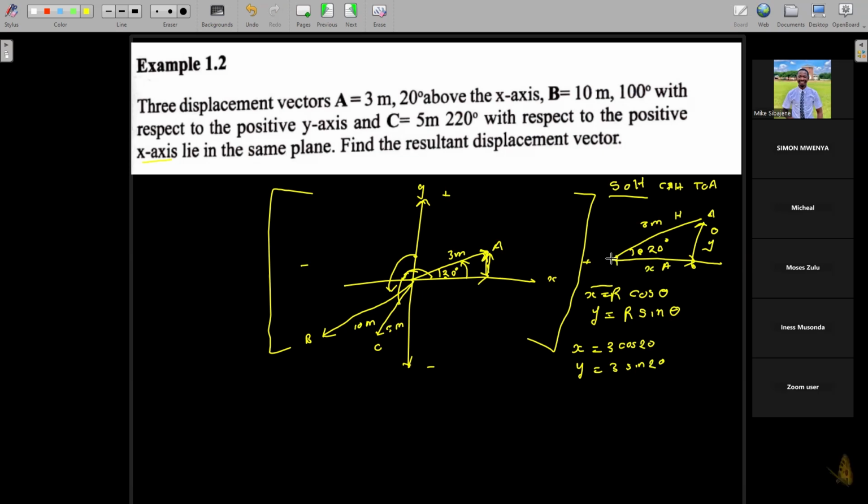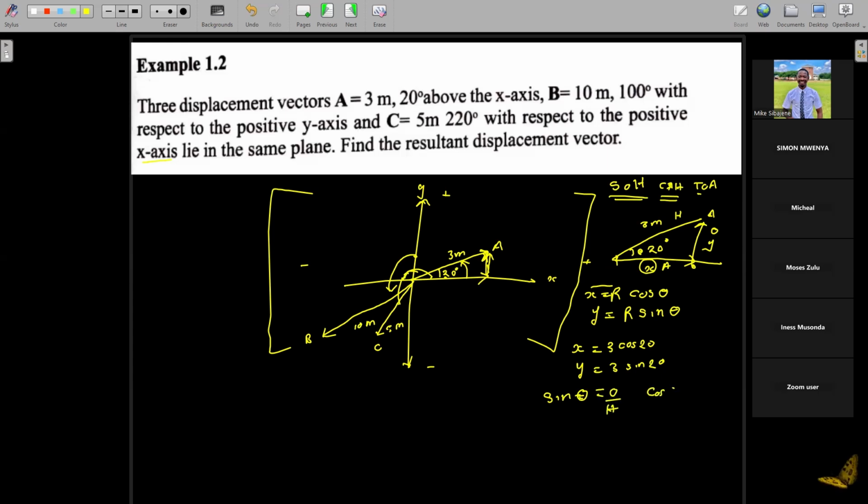So we want to find the x component, or the horizontal component of our vector, and the vertical component of our vector. Now the sine and the cosine come from the trigonometry that we learned. We said SOHCAHTOA: sine theta is equal to opposite over the hypotenuse.